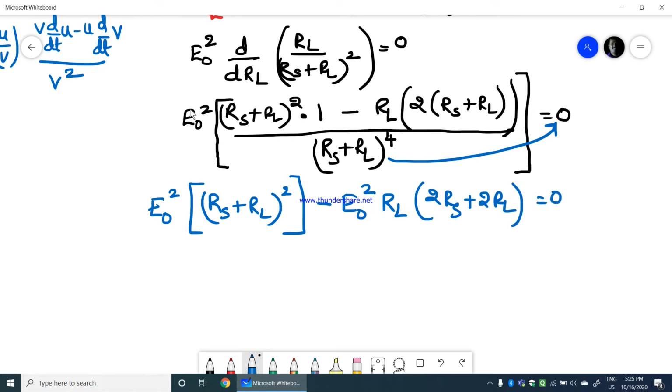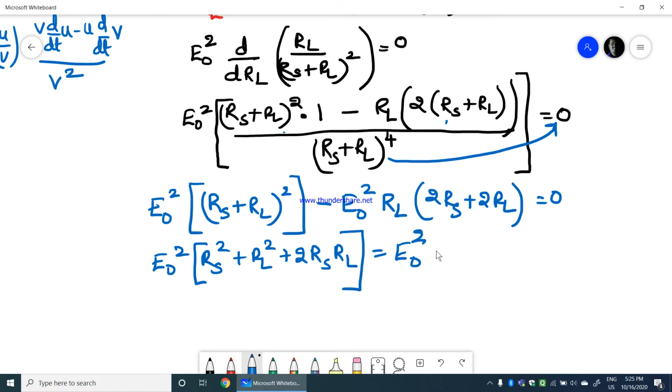So I am just multiplying this E naught square to these two terms. So what do I get? E naught square into, I will just expand this, RS square plus RL square plus 2 times RS RL, which is equal to, this minus goes to this side, so it becomes plus E naught square into 2 times RS RL plus 2 times RL square.